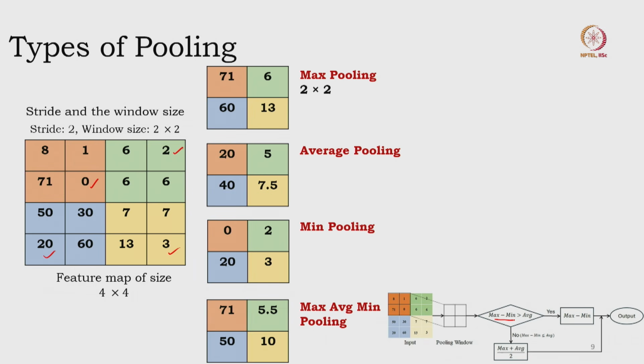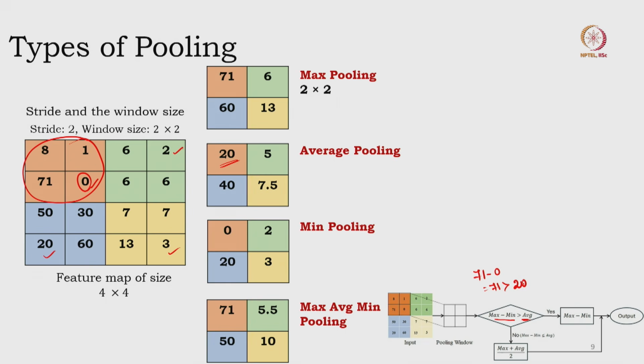So now let's go back and understand what is the maximum in this entire window. The maximum value is 71, and the minimum value is 0. So max minus minimum is 71, and we check if that value is greater than the average. What is the average here? Let's go back. The average is 20.